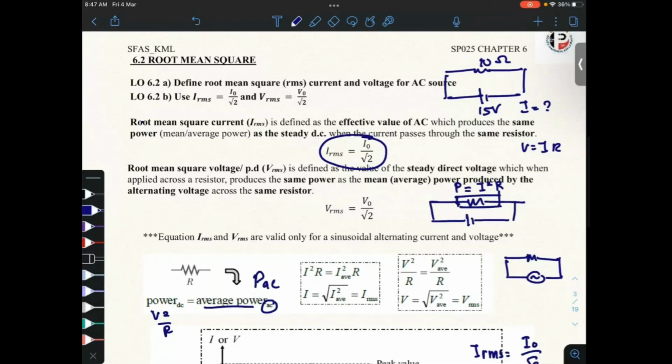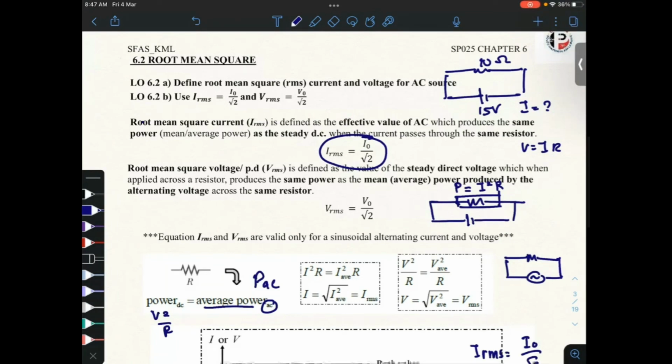Sebab kalau nak ambil average sahaja, you can get 0. So kita tak boleh ambil average dekat sini because based on the graph, you're going to get a 0 value. Maka kita guna kaedah root mean square sebab dia ada negative value juga kan. So kita squarekan dia dulu untuk hilangkan negative tu. Kita positifkan dia. Lepas tu baru kita ambil average dia. Tapi sebab kita dah square tadi, kita kena square root dia balik sebab tu. Itu je reason. Okay. So kita guna kaedah root mean square tadi.